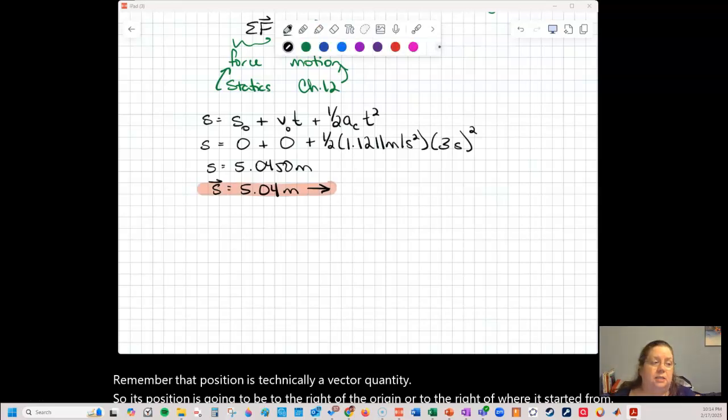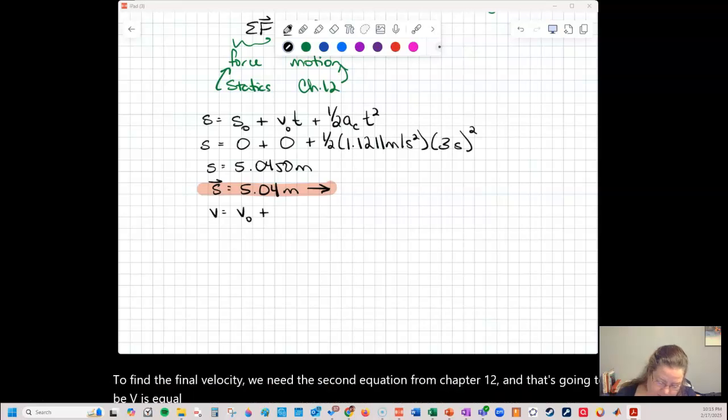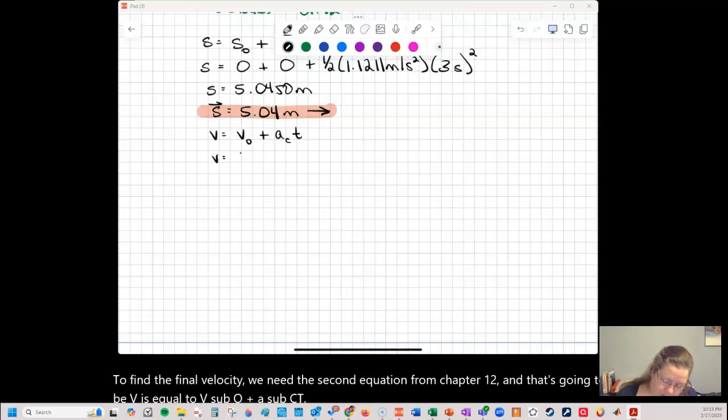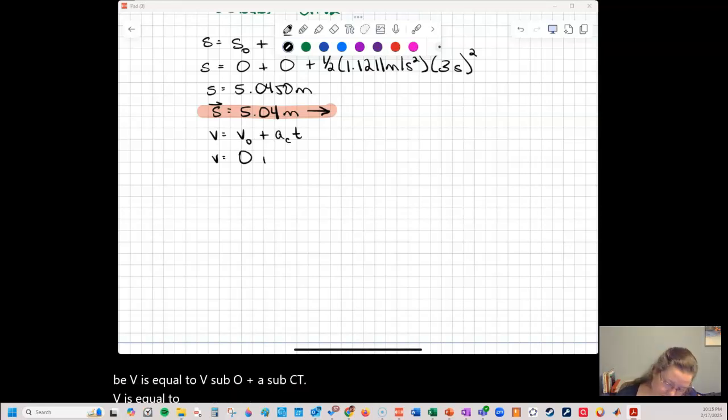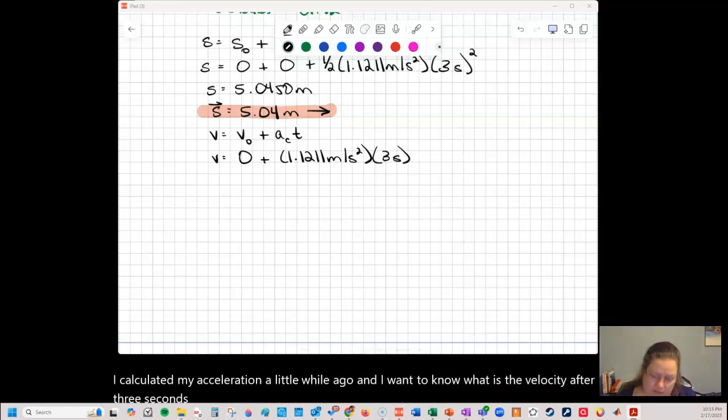To find the final velocity, we need the second equation from chapter 12, and that's going to be v is equal to v sub o plus a sub c t. V is equal to, it starts at rest. I calculated my acceleration a little while ago, and I want to know what is the velocity after 3 seconds of travel.